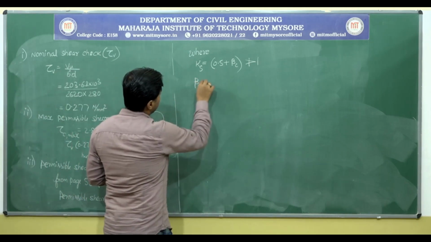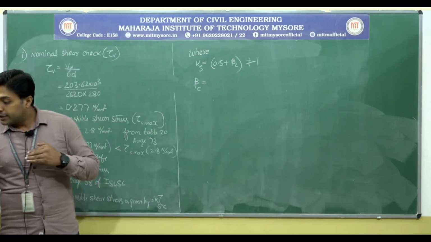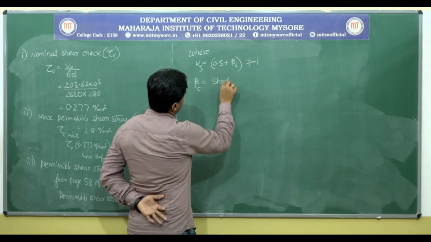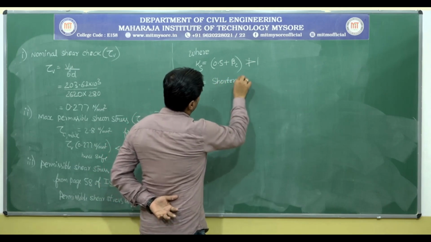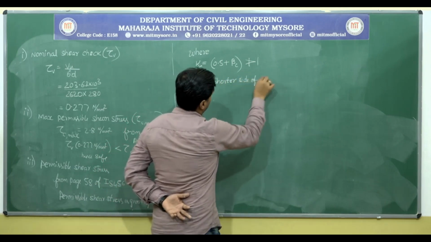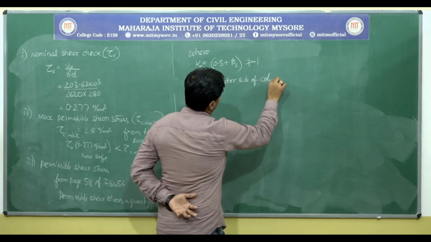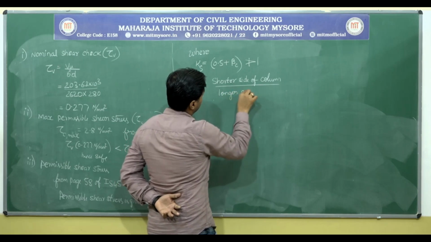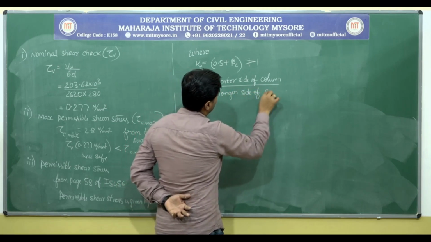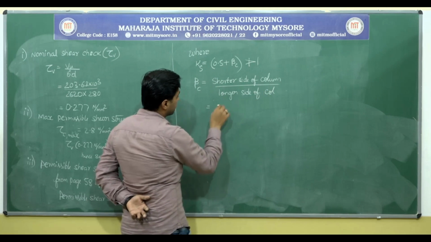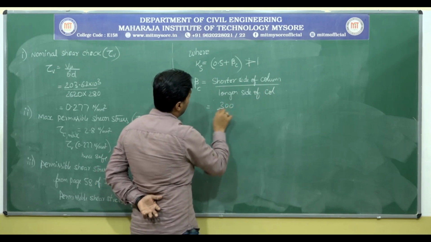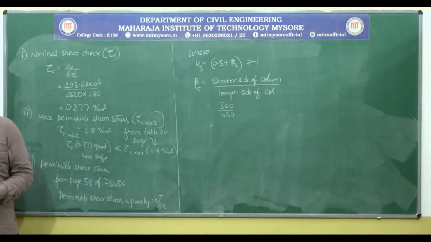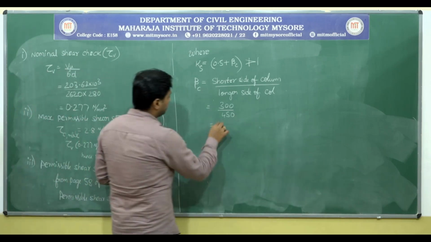Where beta c is equal to the shorter side of the column divided by the longer side of the column. Let me do that. Shorter side is 300, longer side is 450. So the beta c value that we are getting here is 0.66.